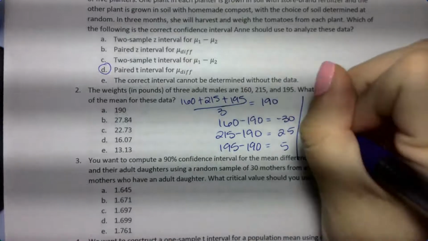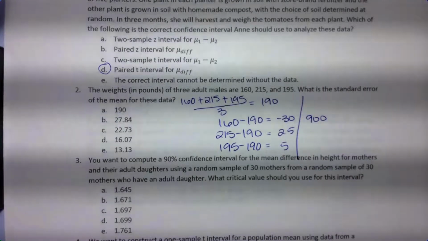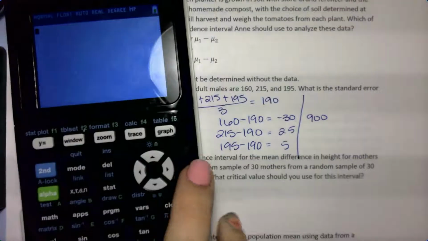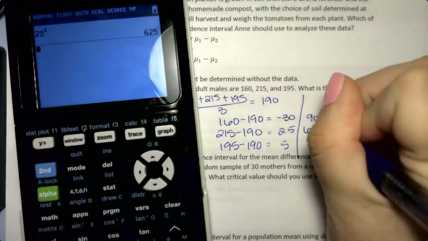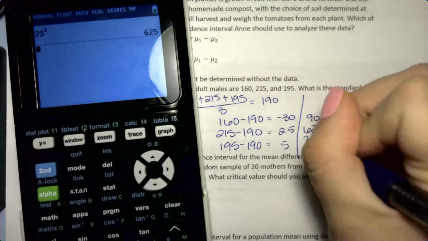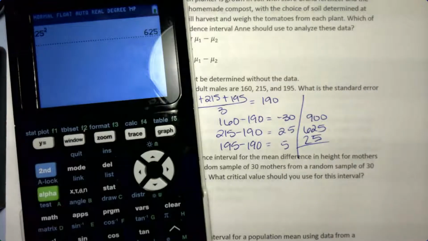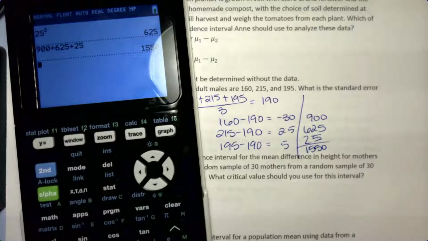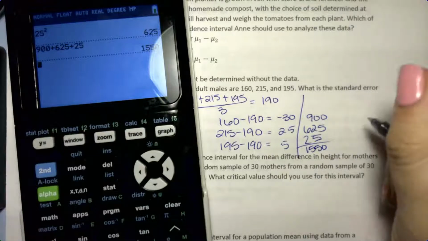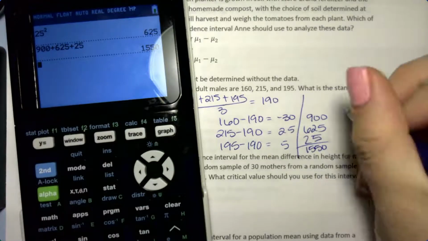This is going to give me 900, 25 squared, and 5 squared, 25. I want to add those 3 values up, which gives me 1550. Then I want to go ahead and divide by n minus 1.